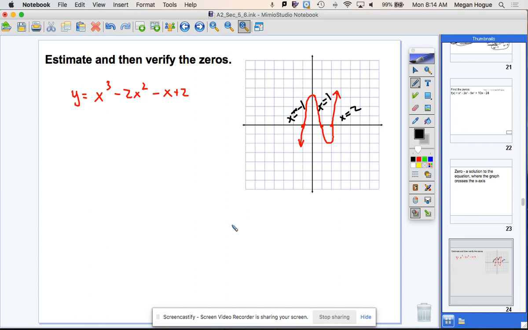And then you're going to write down that function. I put y, you can also put f of x, that's interchangeable. You're going to have a couple of these on your homework today.